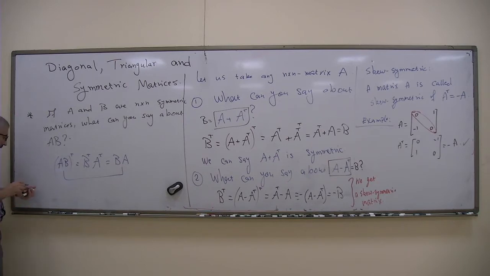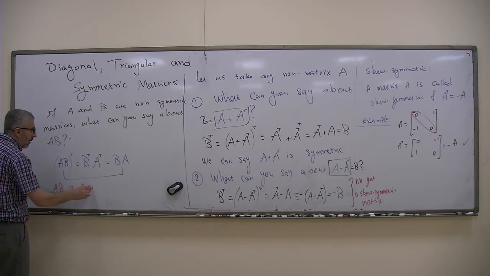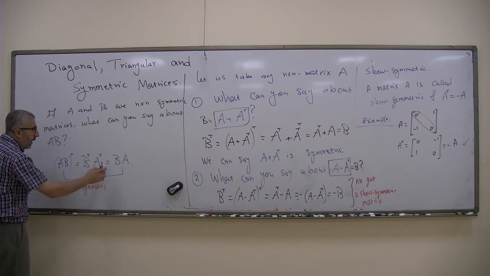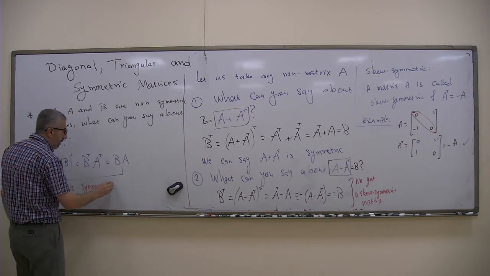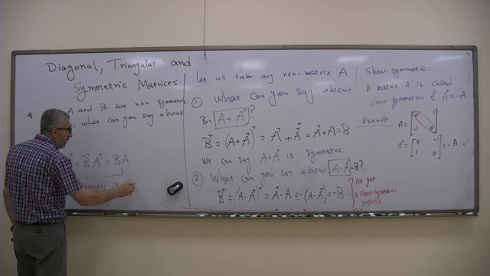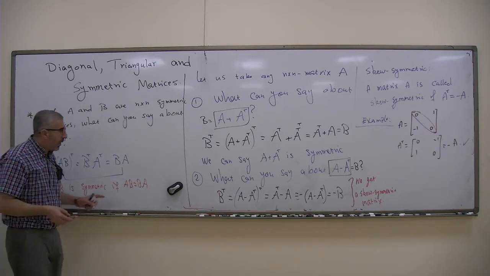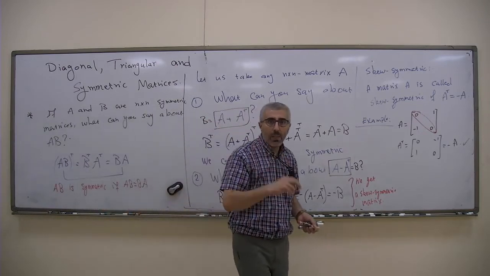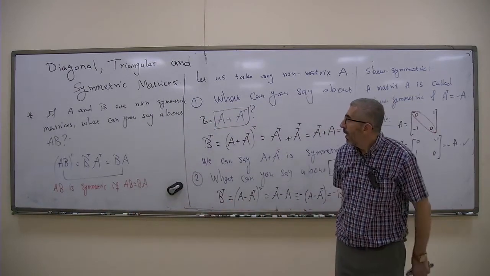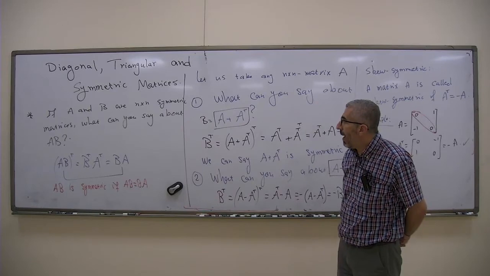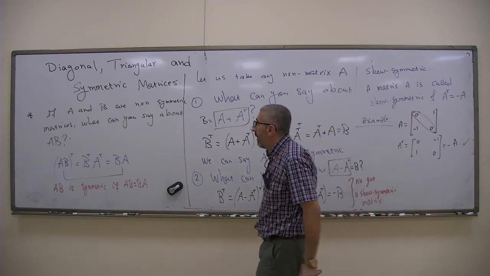Well, you can say AB is symmetric if they commute, if AB is the same as BA. So the product of two symmetric matrices is symmetric if they commute.